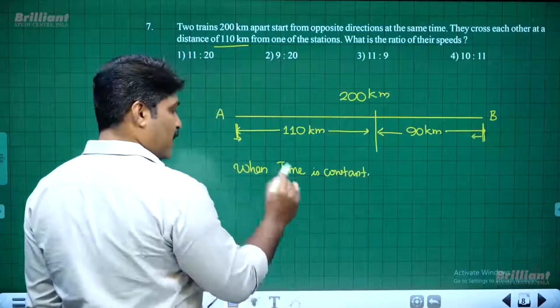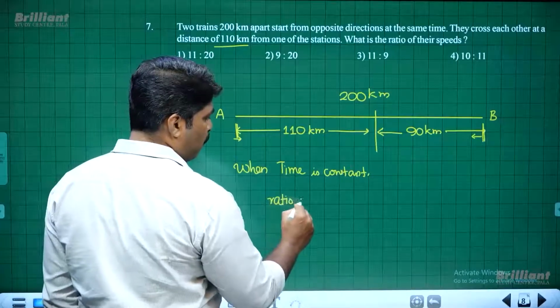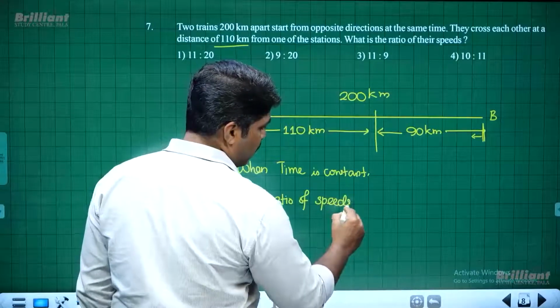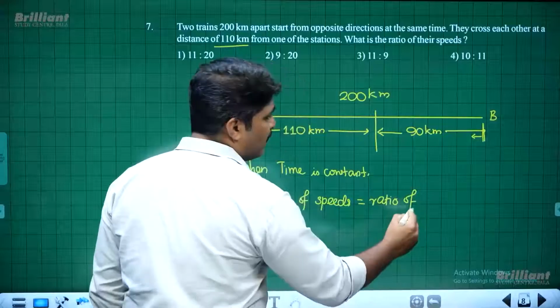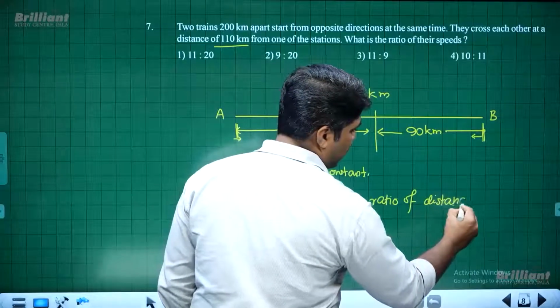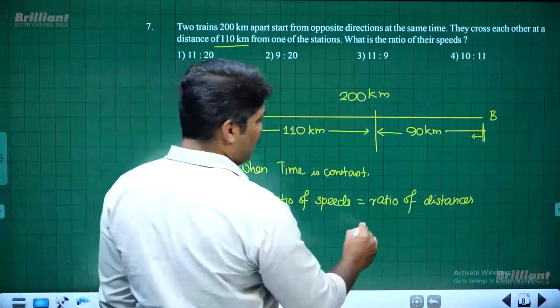Here, when time is constant, the ratio of speeds is the same as the ratio of distances they covered.